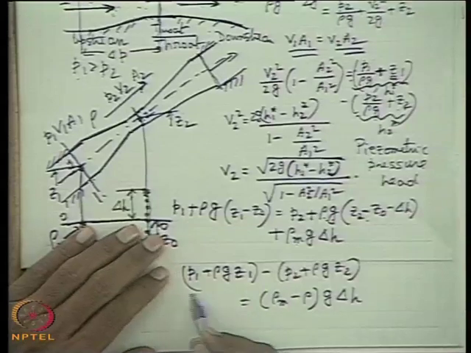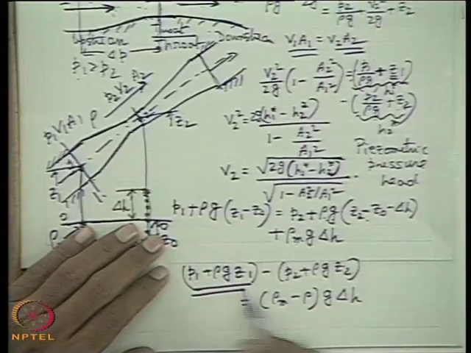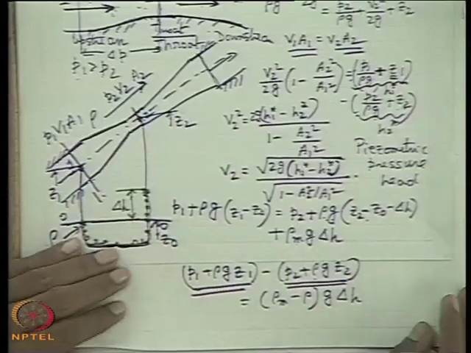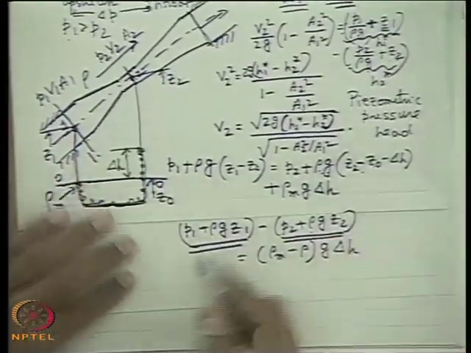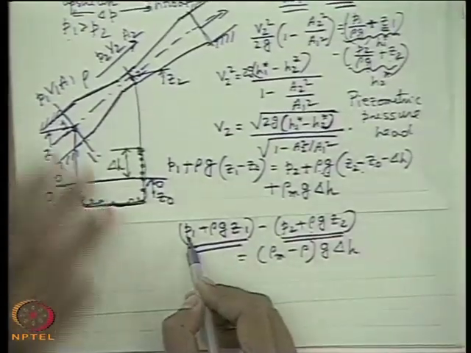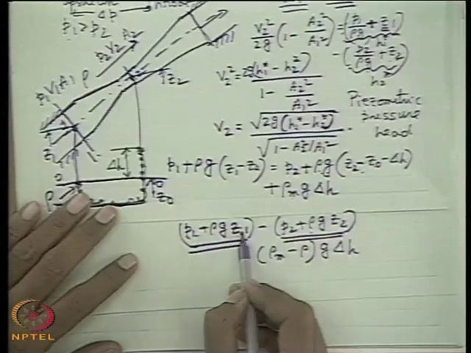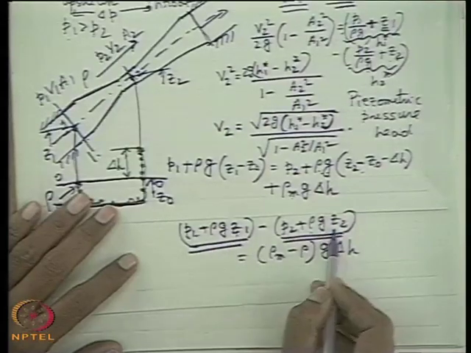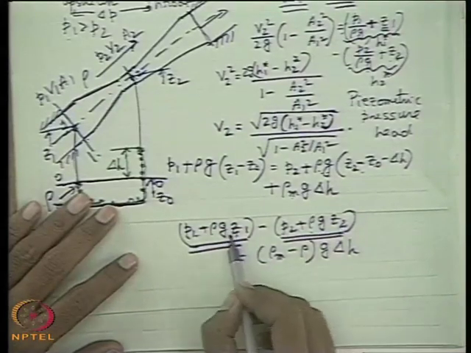That means P1 plus rho g Z1 and P2 plus rho g Z2 are the piezometric pressures, not the static pressure. This is the pressure plus the equivalent pressure for the heights Z1, Z2 measured from any arbitrary reference datum.